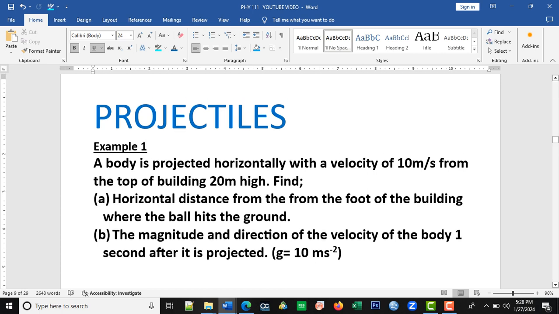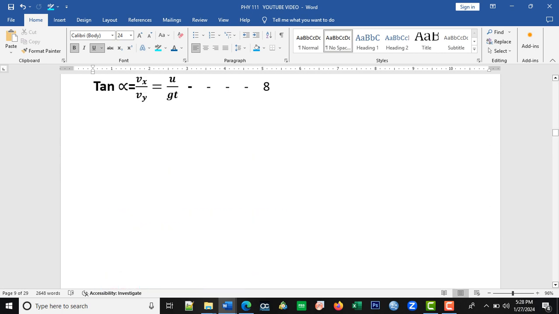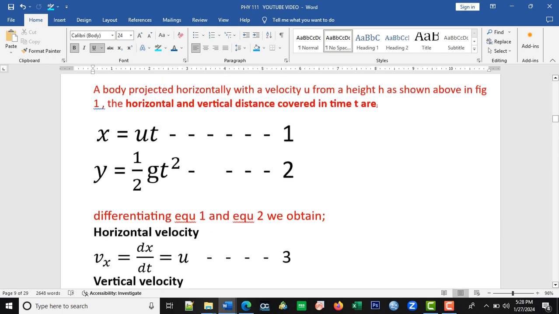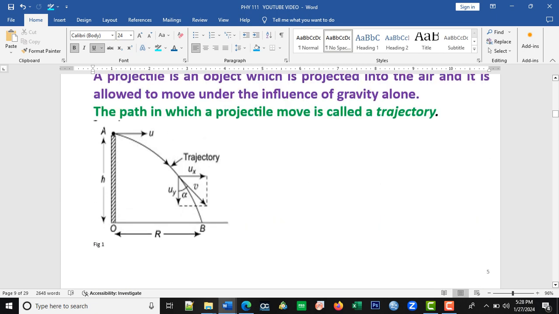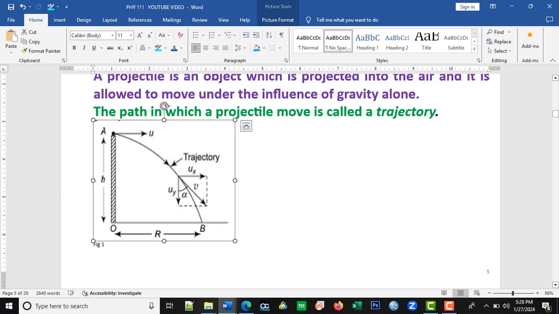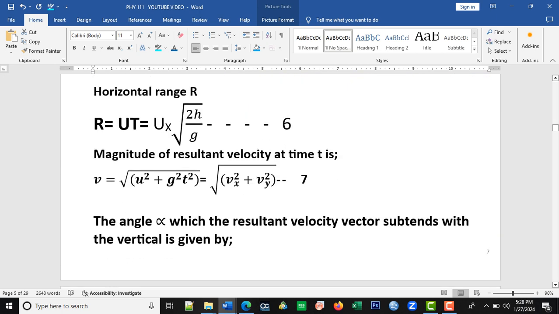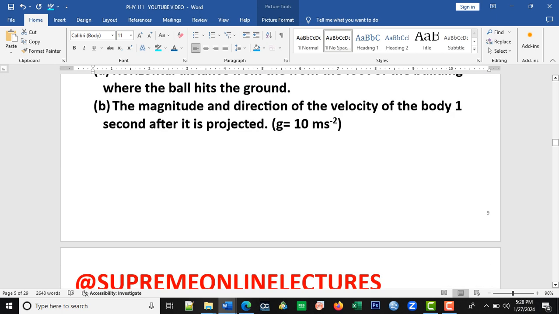So if we look at the example again, a body is projected horizontally with a velocity of 10 meters per second from the top of a building 20 meters high. We already know how the shape of the projectile would be. So let me quickly come back here and pick the shape as the first thing to consider.